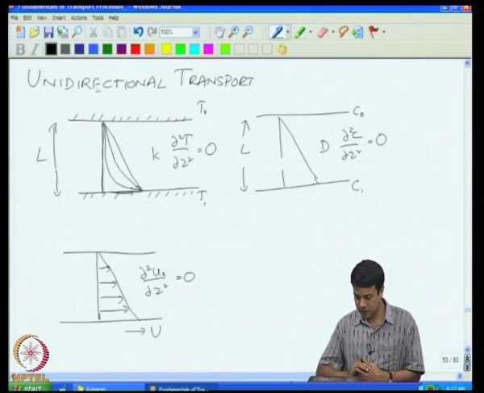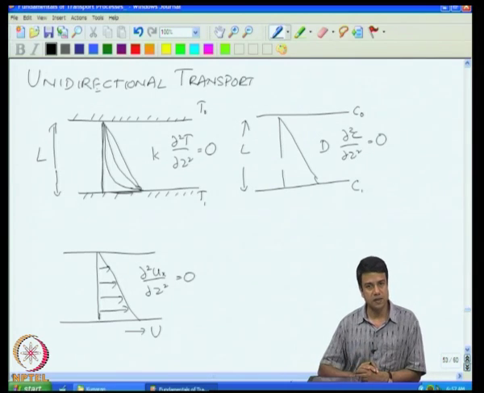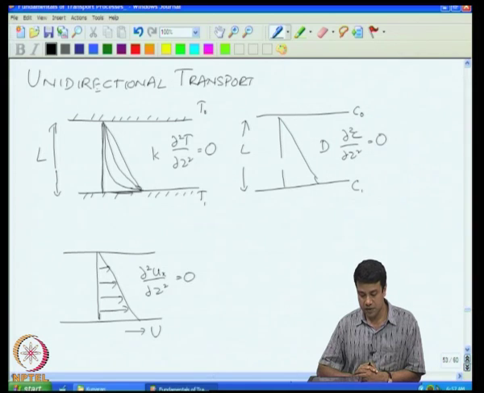However, we will use one thing that will be useful later on when we do other kinds of transport problems. Rather than solving these equations directly, we will scale them. There is a temperature scale because the temperature varies between T1 at the bottom and T0 at the top.